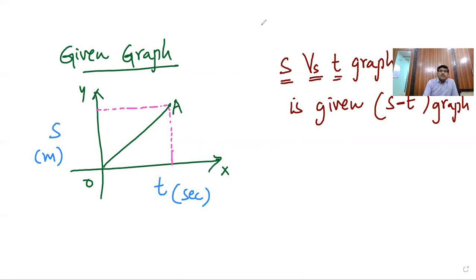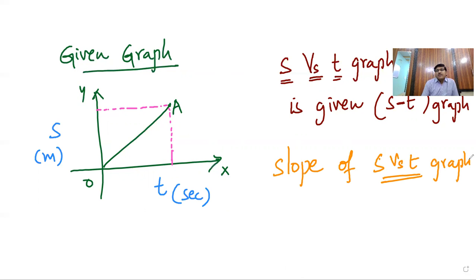Okay. Now it requires velocity. What is velocity? Slope of the displacement versus time graph is velocity. Here I clearly write: slope of the S versus time graph is nothing but velocity. A simple definition. Clear? Now observe. What is the slope?